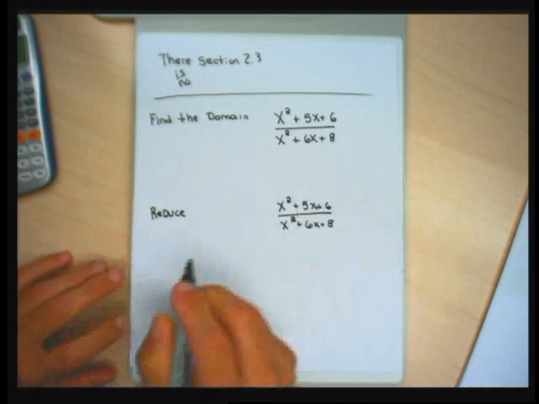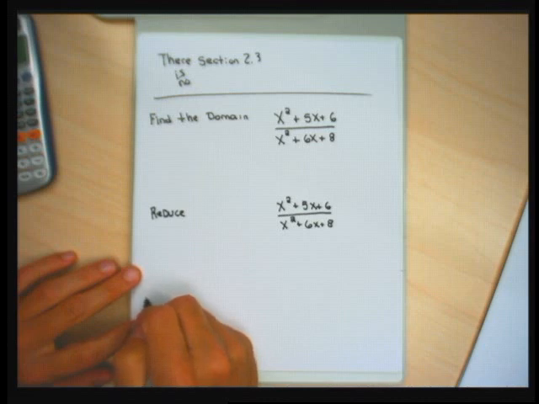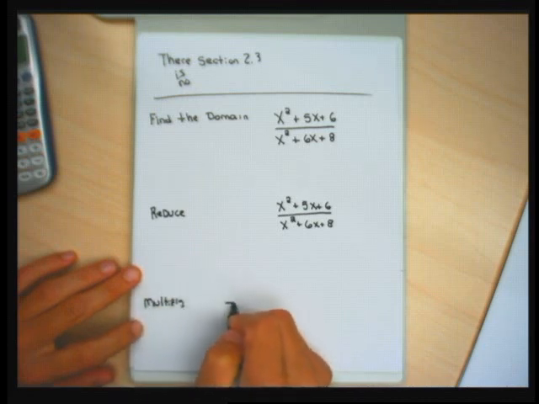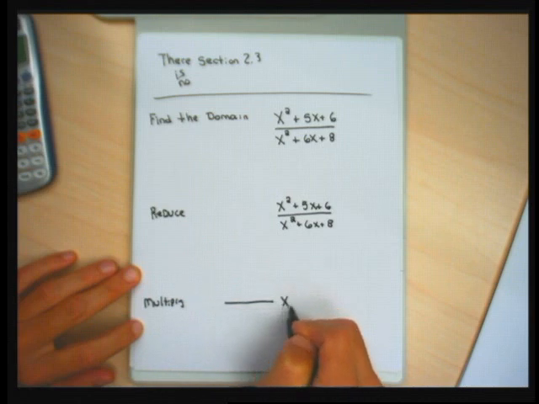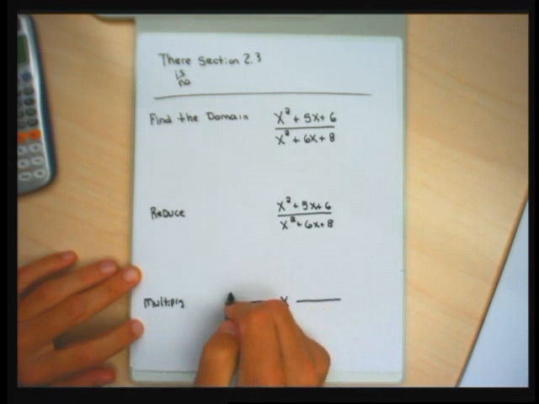In section 2.2, we either had multiply or divide problems. I'll do a multiply because it's a little bit easier. Takes up less room.